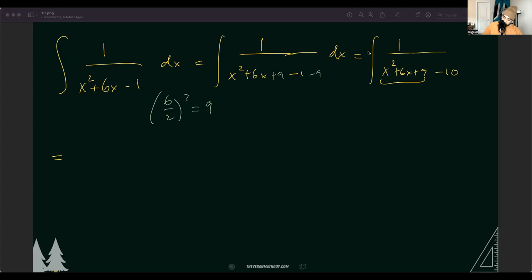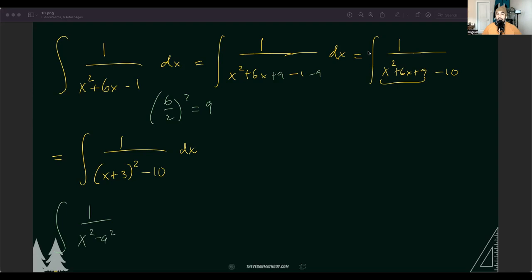And now this is going to become 1 over x plus 3 squared minus 10 dx. This is real nice because look at this. It looks very similar to one of the other problems that we had done. This looks very similar to this. 1 over x squared minus a squared. And that's exactly what it is.